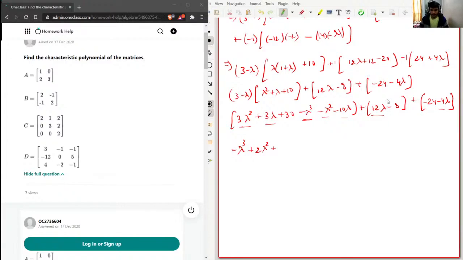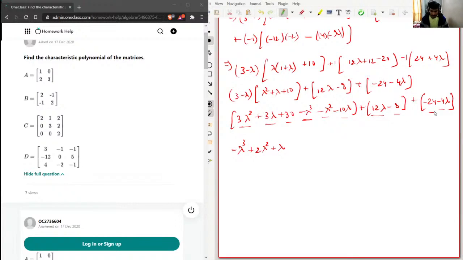Till this we have 5, then 5 minus 4, so this will be only lambda. And for the lambda power 0 term, this is 30 minus 8 minus 24.